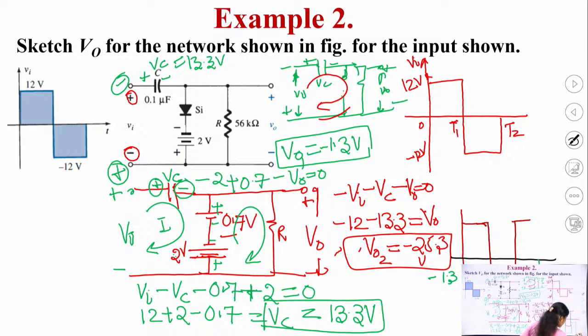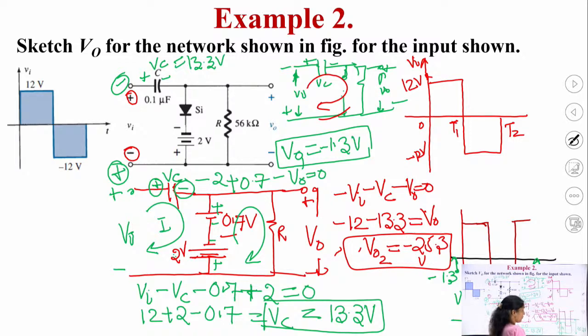So if this is 1.3 and this is 25.3, then how much this will be? 24 volt. And how much DC level has been shifted here in this case? You can see it is plus 13.3 volts.